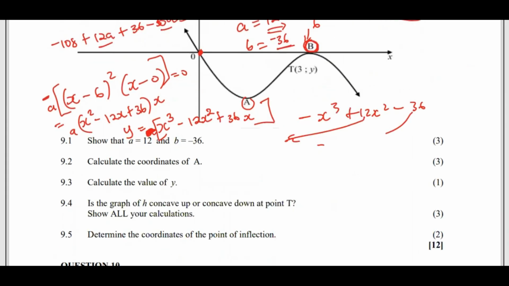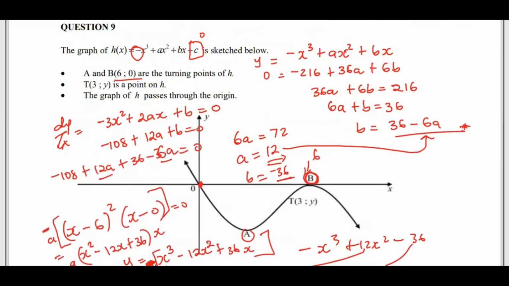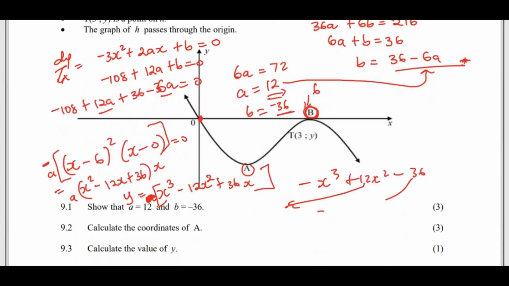Then they want the coordinates of A. We found the first derivative, didn't we? It's fine. Let me just find it again. So for the coordinates of A, we need the first derivative, dy/dx, which is negative 3x squared plus 24x minus 36 is equal to 0.